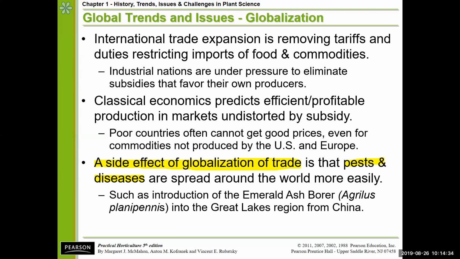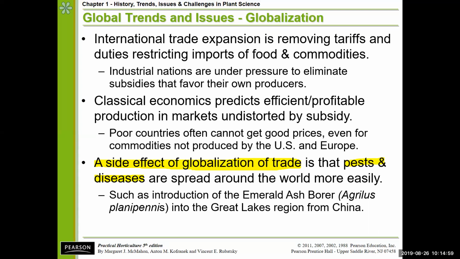One of the big ones is just the whole issue of pests and diseases. Since we're moving these crops around the world, we're also moving the pests and diseases associated with them. There are so many different examples we can talk about, and we will talk about later in more detail. But one of the big ones here in the eastern U.S. is chestnut blight, for instance.